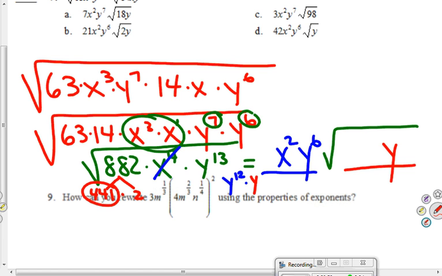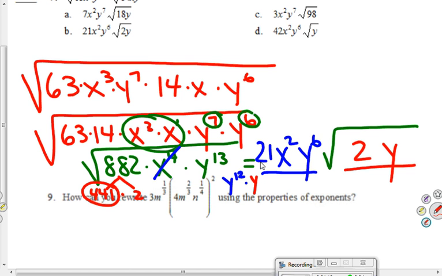So that's the blue part that comes out front, but the red 2 gets stuck underneath. So it's looking like 21x to the second, y to the sixth, times the square root of 2y. B is the right answer. I'll do 9 as a separate video.